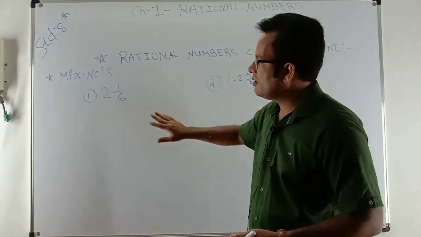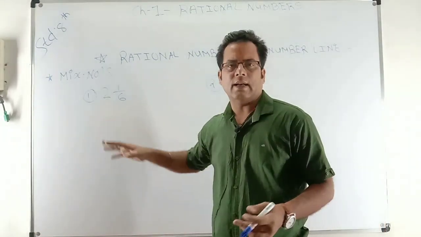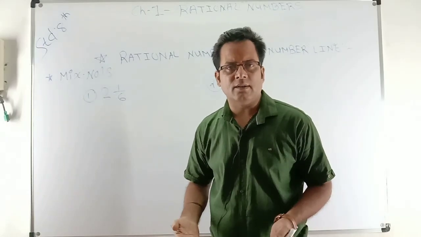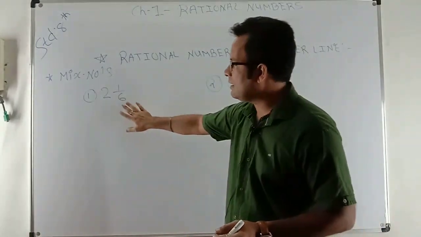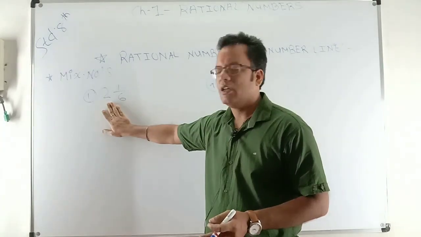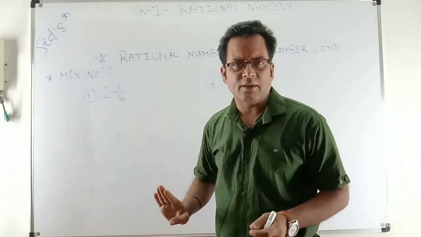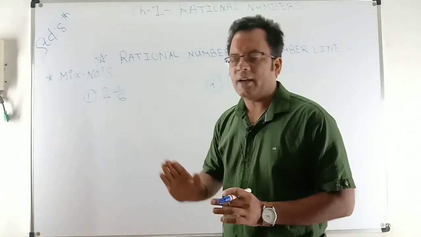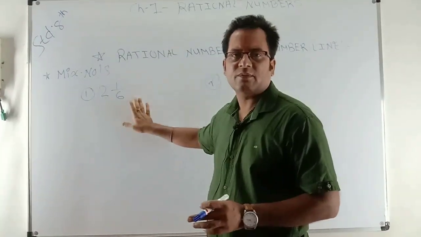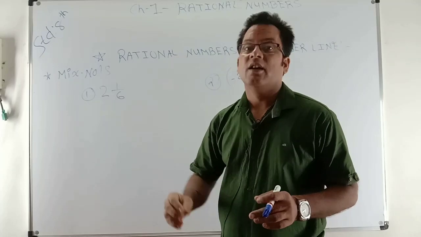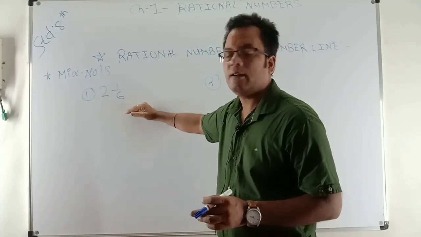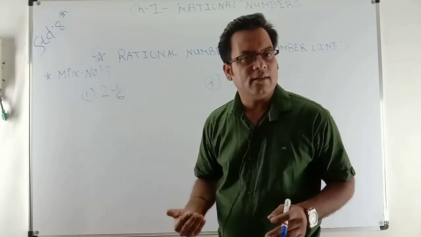How? Because see, this number is lying between which two numbers. To know that, we have to just see first of all the integer. This is 2 integer, means 2 point something. 2 integer 1 upon 6 means 2 point something. So definitely it is bigger than 2 and smaller than 3.